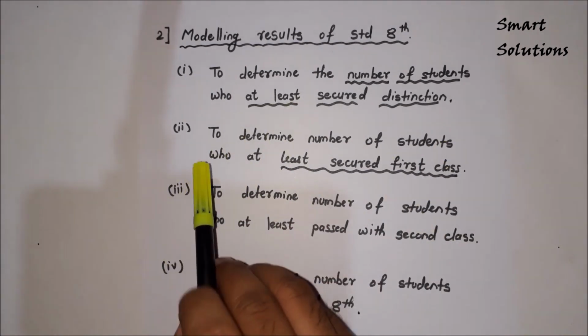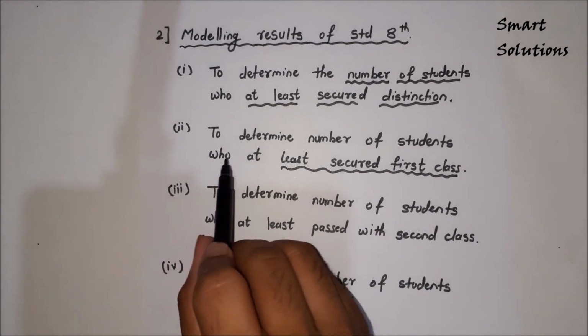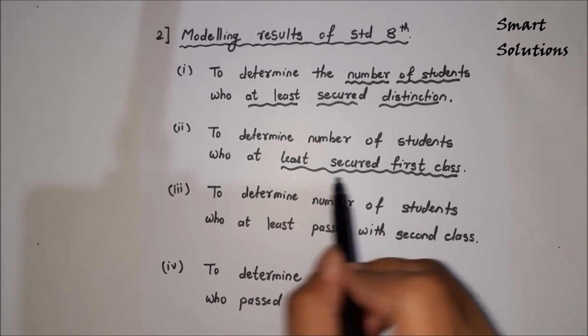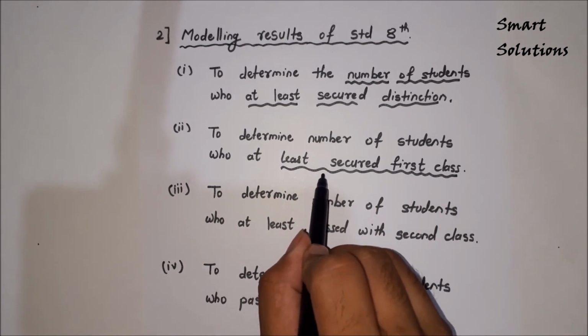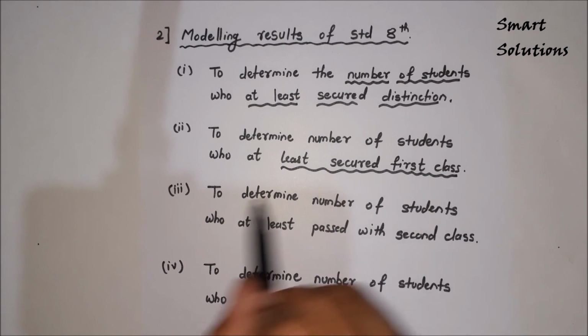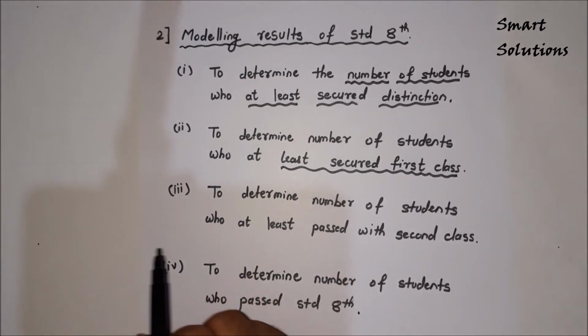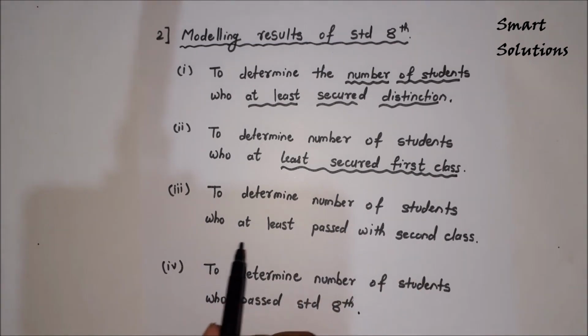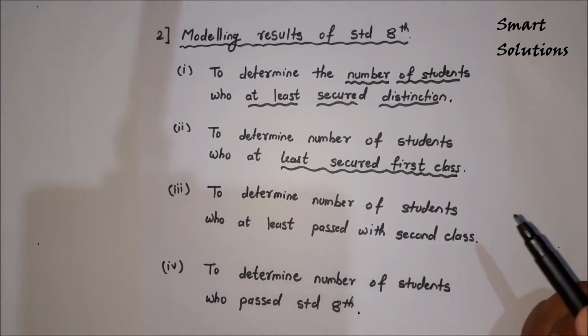The second statement we have considered is to determine the number of students who at least secured first class. So we are saying of the students now who secured first class. In the third statement, we want to determine the number of students who at least passed with second class.